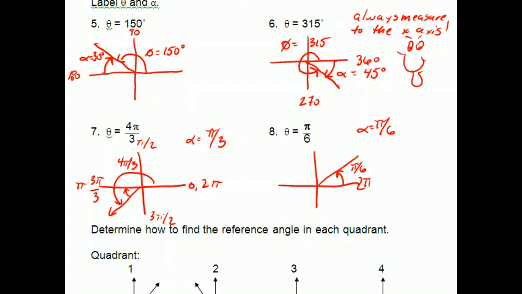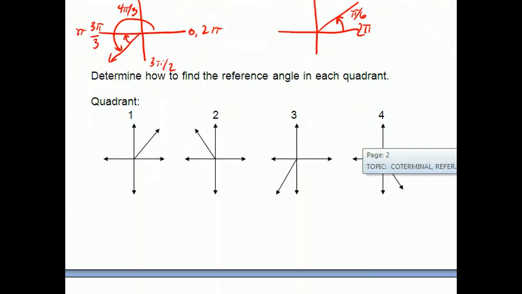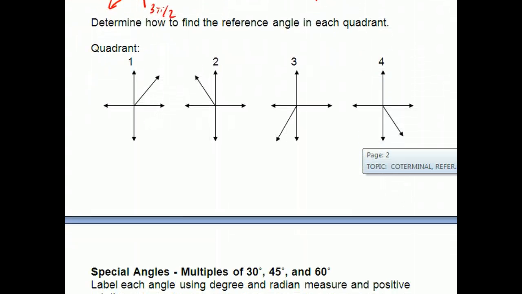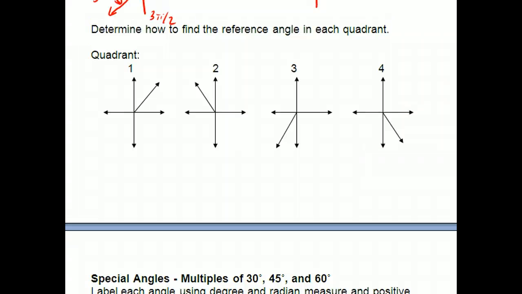Okay, just a couple of little tips to find these reference angles, because this is going to turn out to be a really important skill. Okay, if you have an angle in here, your reference angle is simply going to be that angle. Reference angle is equal to the original angle.